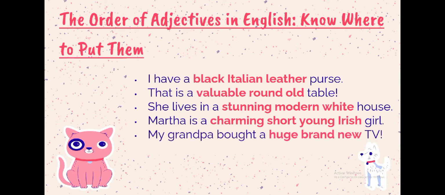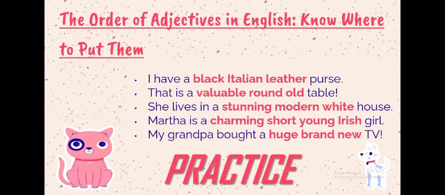My grandma doubled house brand new TV. Well, it may seem difficult at first to learn that order. In time, you'll be able to say it without much thought. What is the secret? The practice.